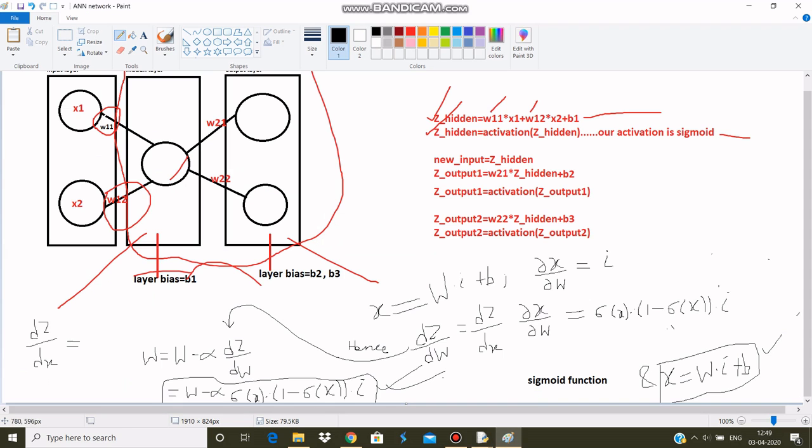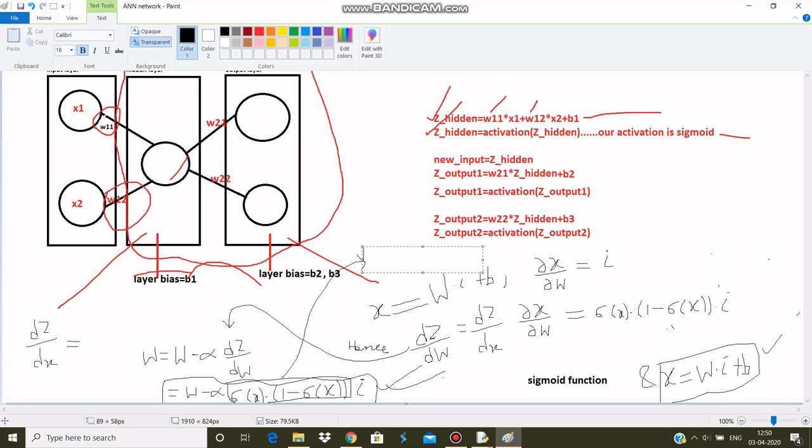Actually, what we have here, check out that dx by dw that we have used is equal to sigma x into 1 minus sigma x. That is actually the parameter which is the transfer derivative. This here is our transfer derivative. Still, let me write it down so that you can note it. Transfer derivative.